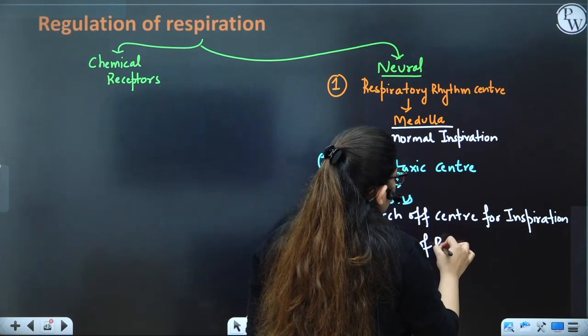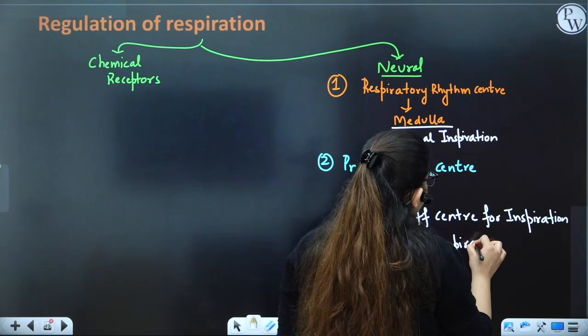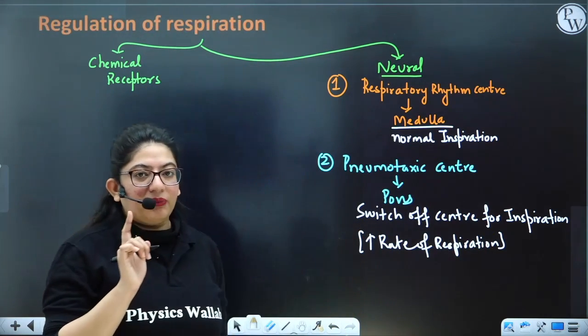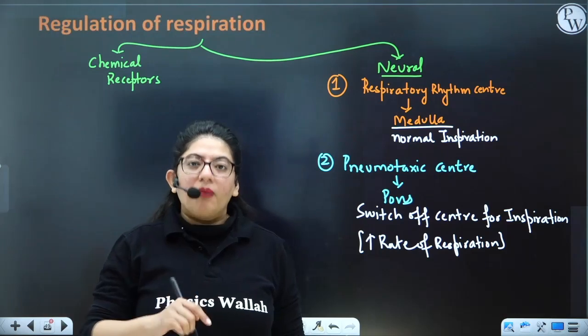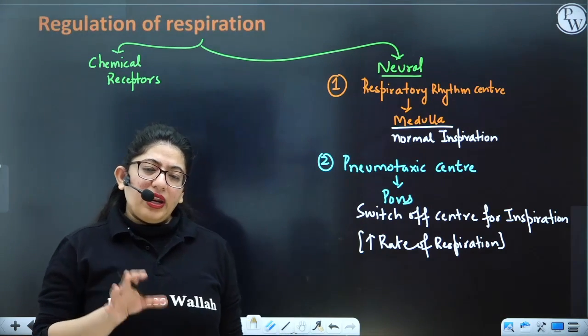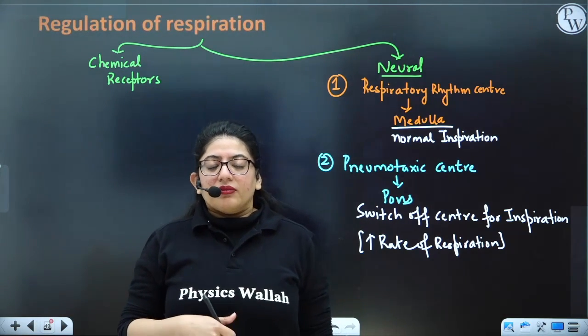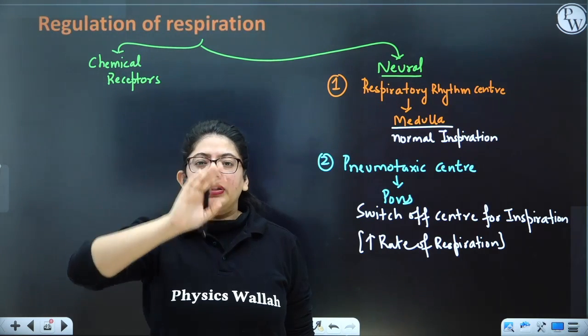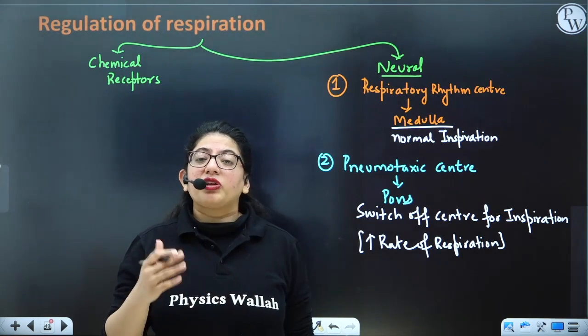Whenever you are breathing fast while running, you're not breathing deep at that time. You are breathing shallow but very fast. When you're breathing deep, the duration is more, but the rate is less. What is rate? Number of breaths per minute.